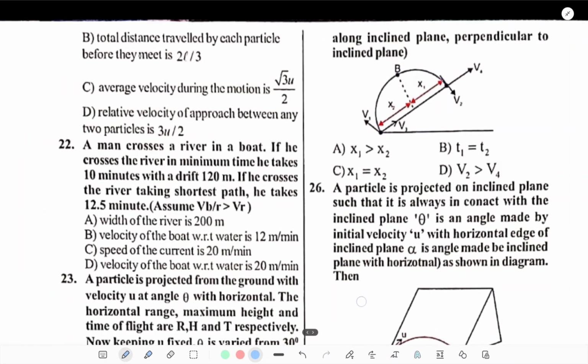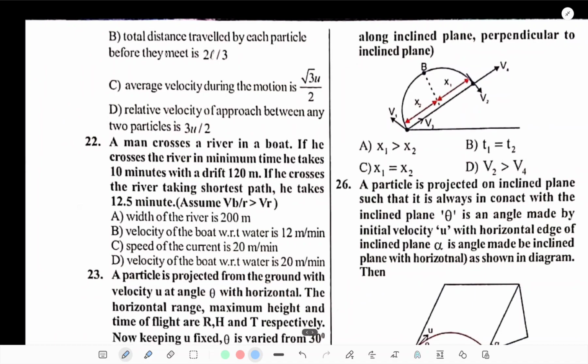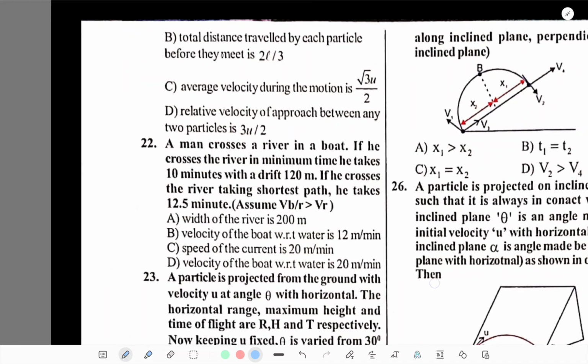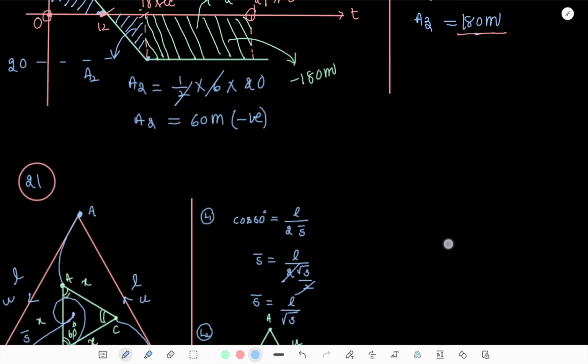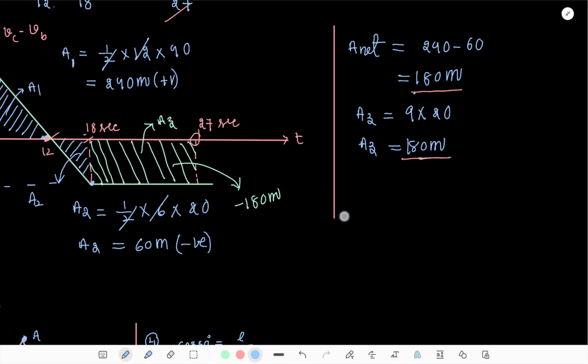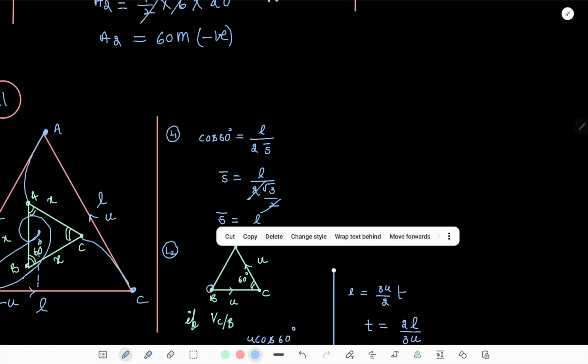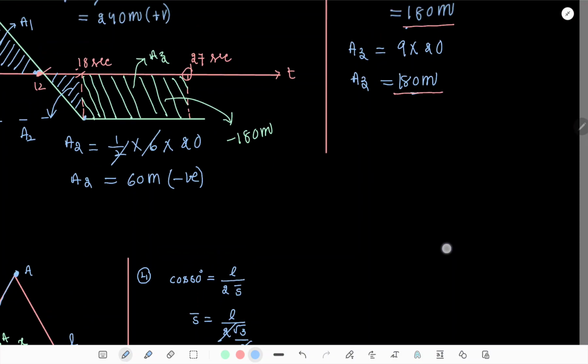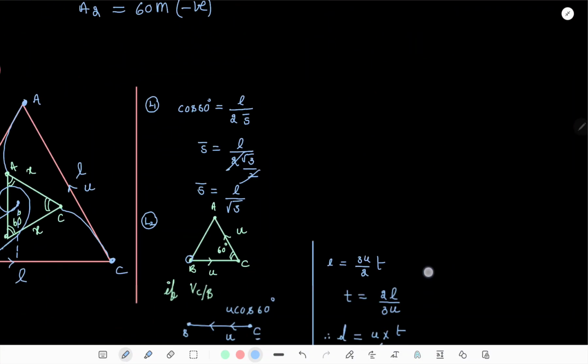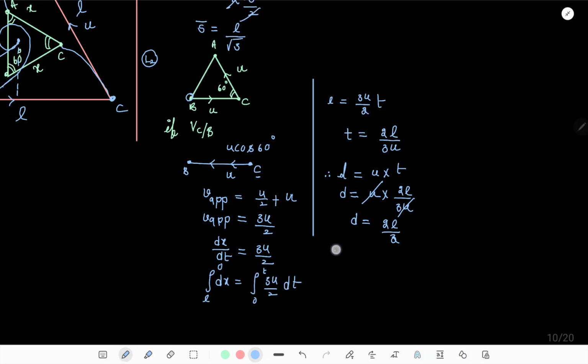And what else we have to find? Again we have to find the average velocity during the motion. Average velocity is total displacement by total time. I already found the displacement is L by root 3.